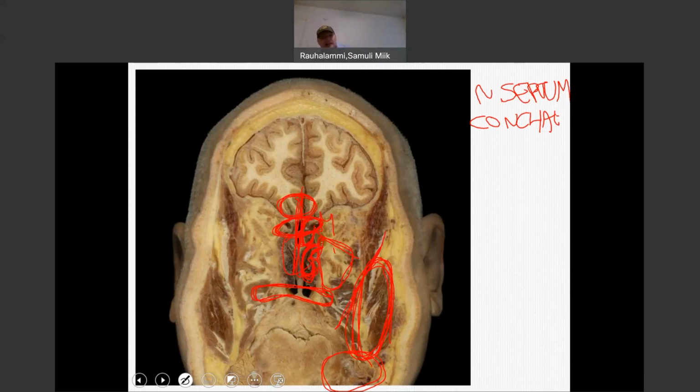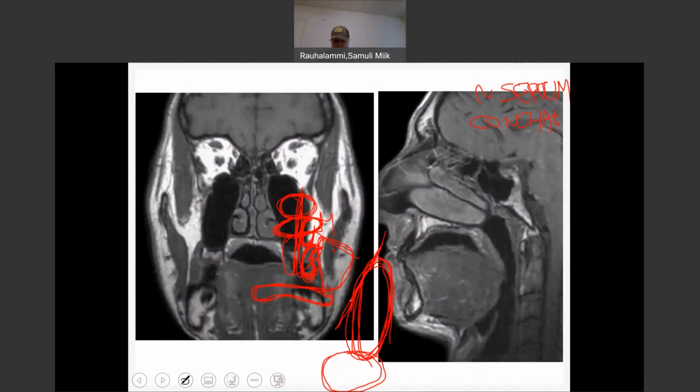So a lot that we can see there. We have here MRI pictures of both coronal and sagittal section of the nasal cavity. Quite nice to notice. We see a lot of these structures that we've already talked about.